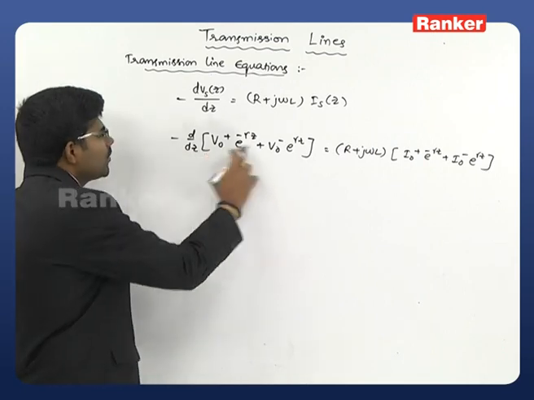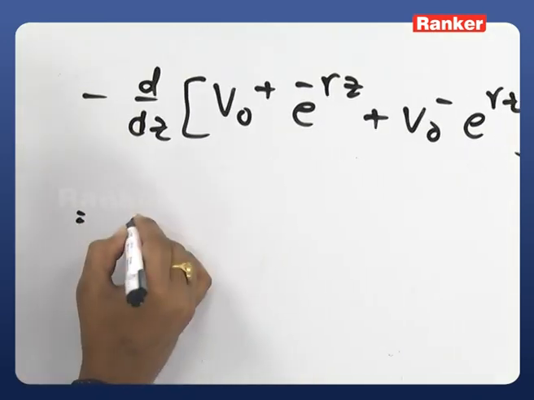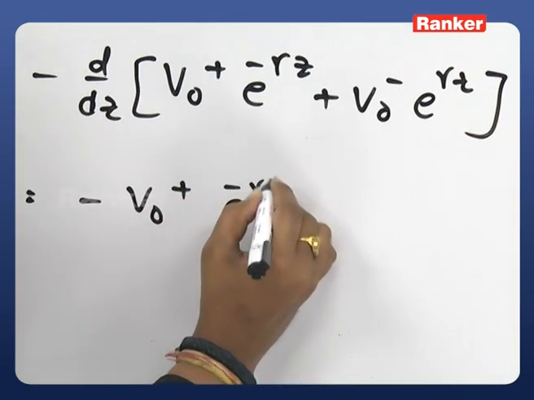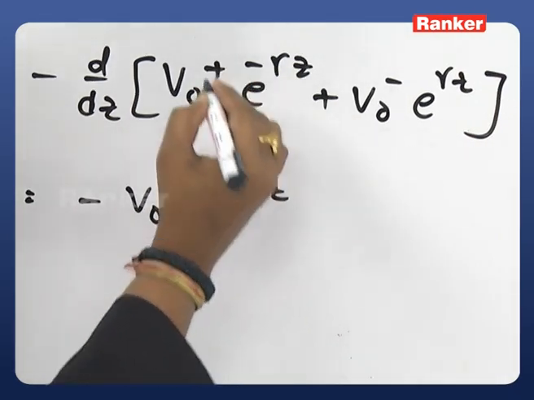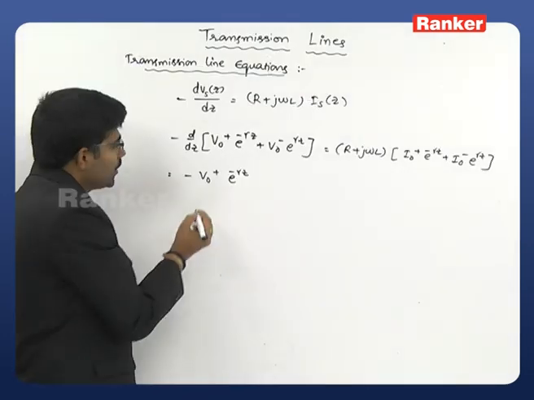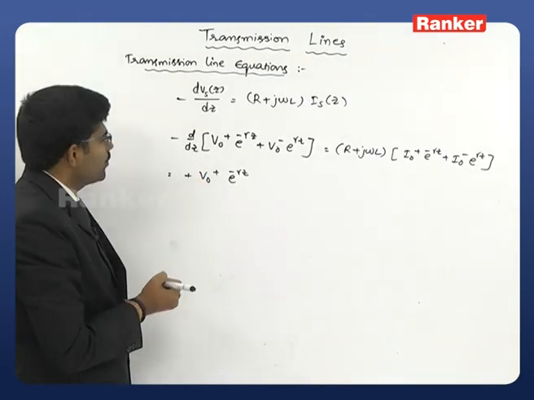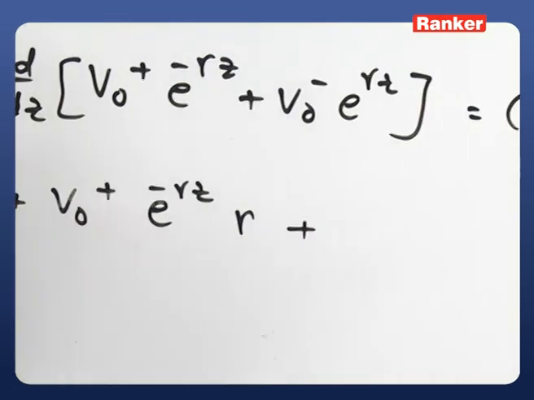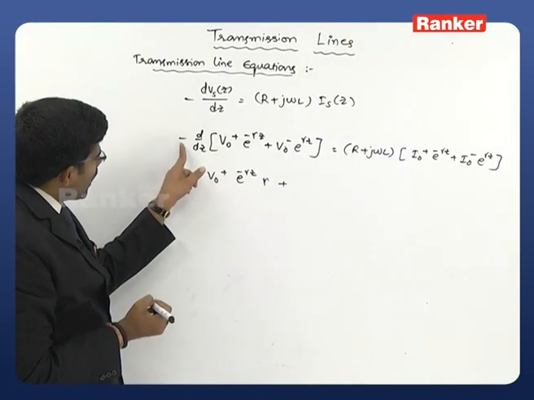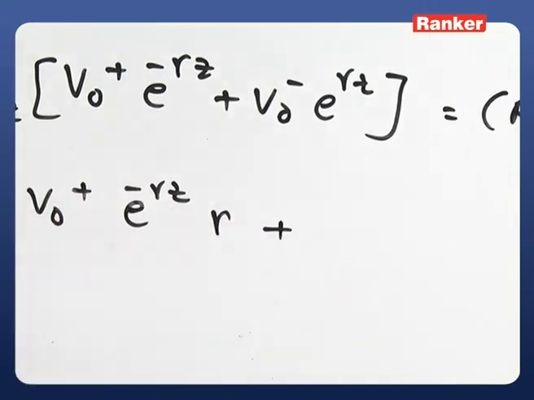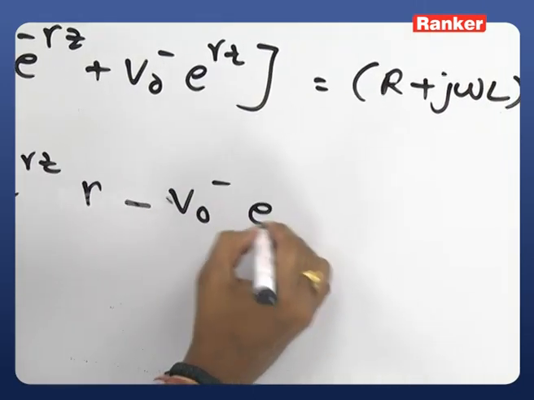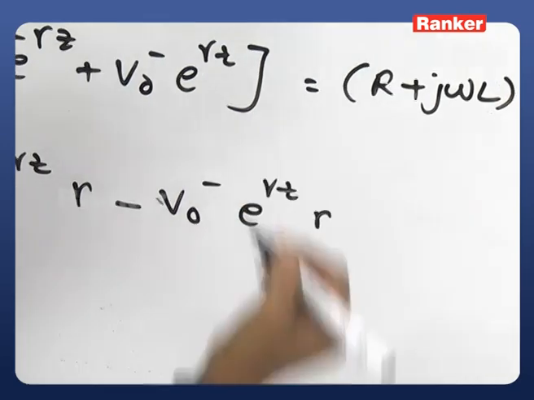Now d by dz of this entire thing is equal to minus V0 plus e power minus gamma z as it is, and the internal derivative is minus gamma. So I am making this plus, right? So gamma plus, what I have is the minus sign here, so I put the negative sign directly here. Minus V0 minus e power gamma z, gamma.